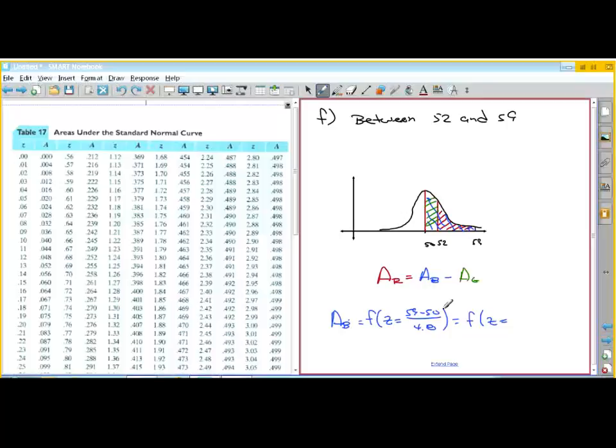If you do the calculation, you get 9 divided by 4.8, which is 1.9. So we go to the table, and this column includes 1.9. It's right there, 1.9. We get 0.471.